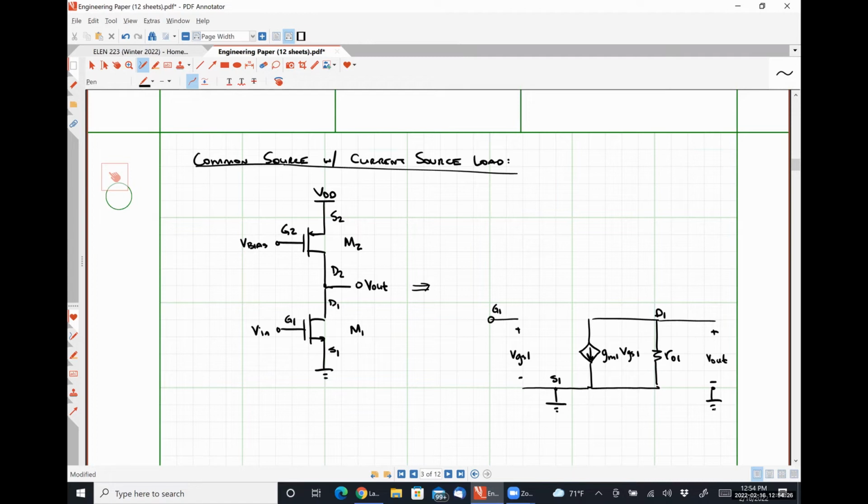Now I'm going to draw my small signal model for my PMOS transistor. So for a PMOS transistor, we know that the source is at the highest potential. So I'm going to draw my source on top. Up here. So this is source 2, and it's connected to AC ground.